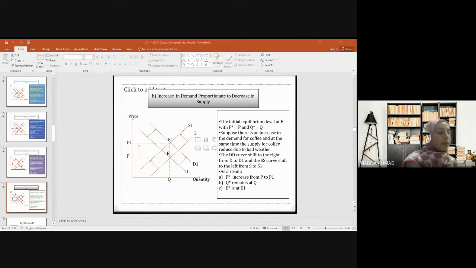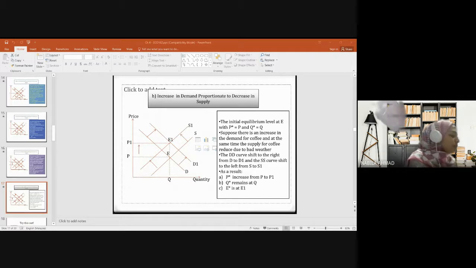But the shift in demand is less than the shift in supply. The distance is small for demand but large for supply. So what happens? Price increases, quantity reduces. But the change in price is greater than the change in quantity.